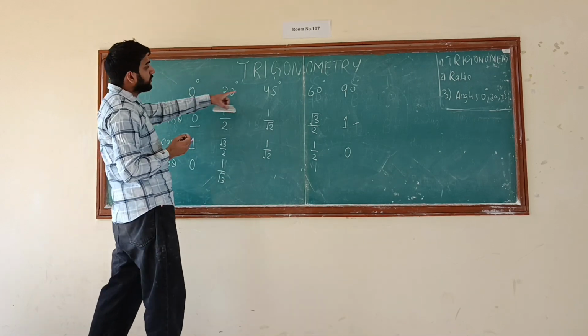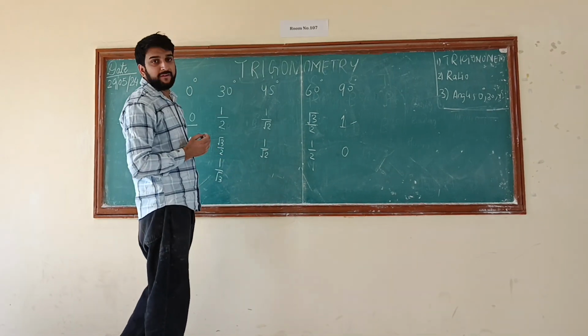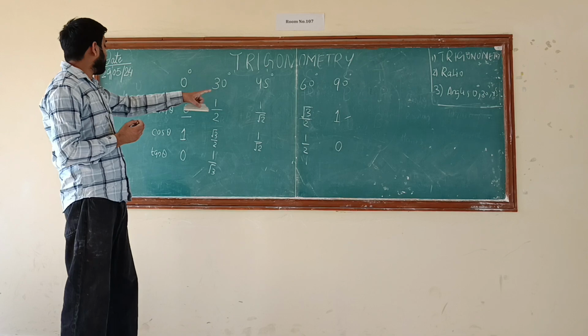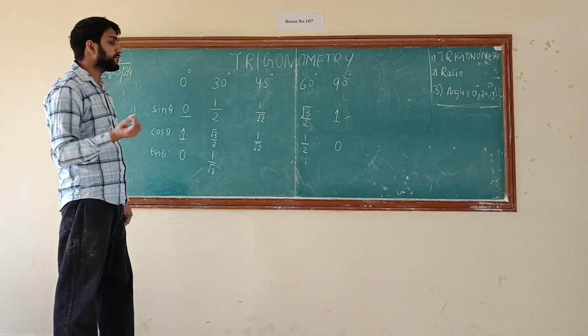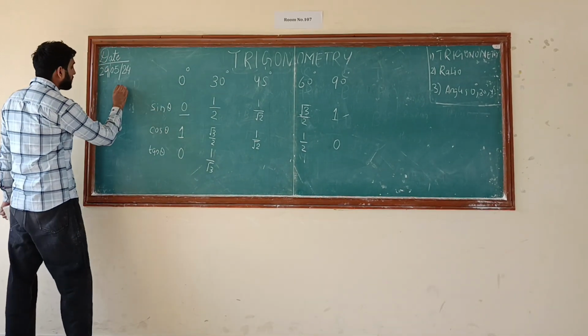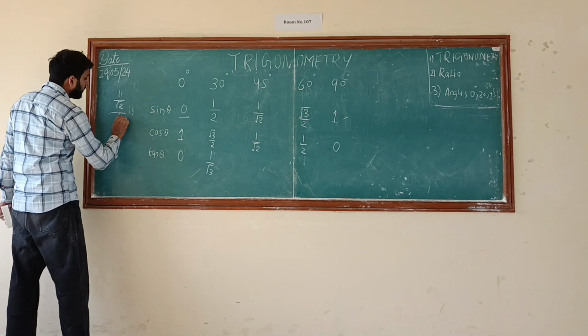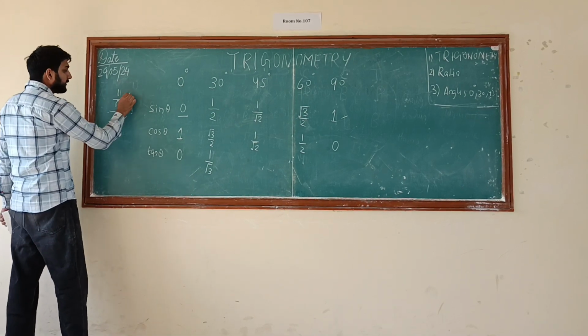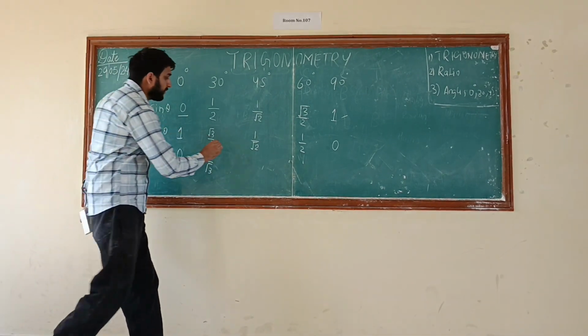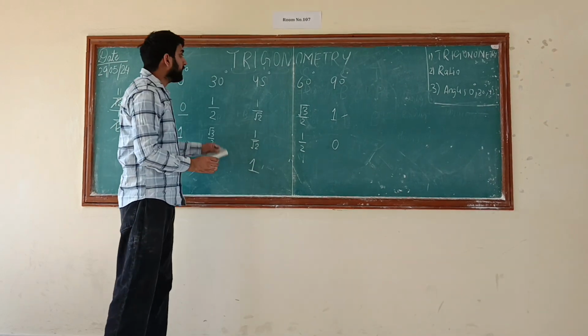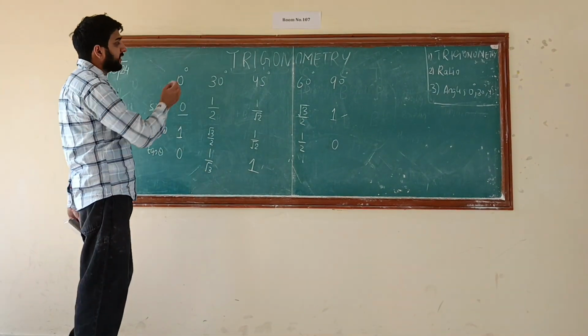The next is tan 45 degree. Here sin 45 degree and cos 45 degree have same value. So tan 45 degree is equal to 1 upon under root 2 upon 1 upon under root 2. They cut themselves, so answer is 1. Now tan 60 degree.